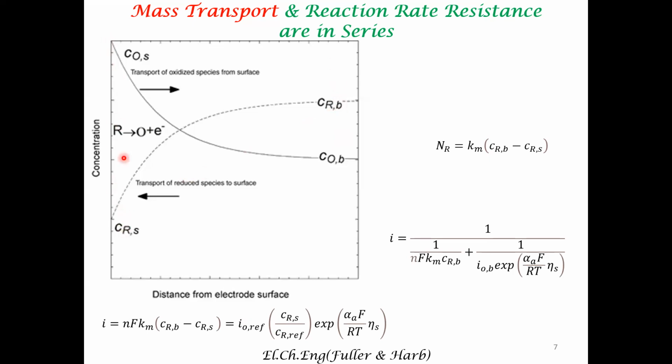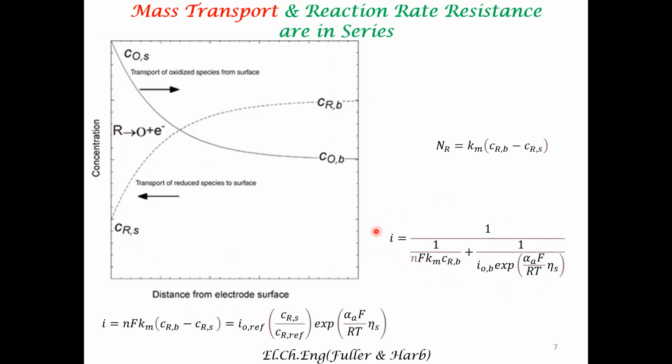From these two equations, you eliminate C_R^S, the concentration of R at the electrode surface, and you can rewrite I in this manner, just from these two equations.